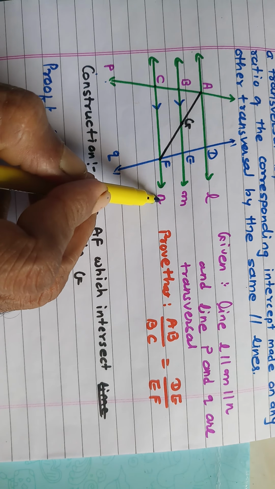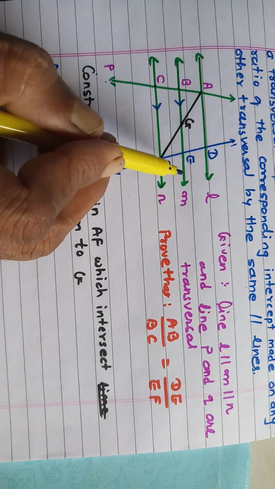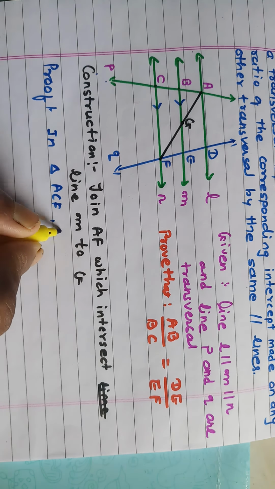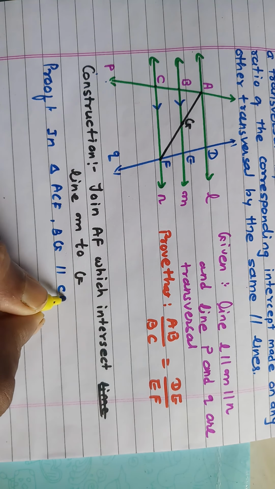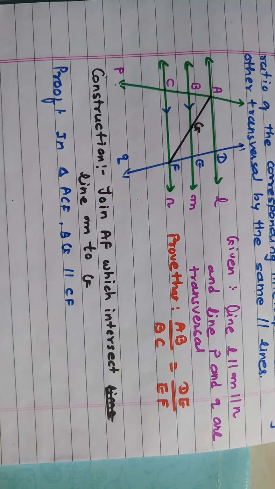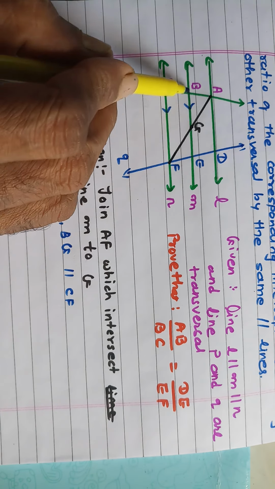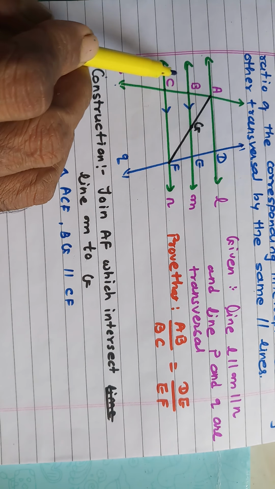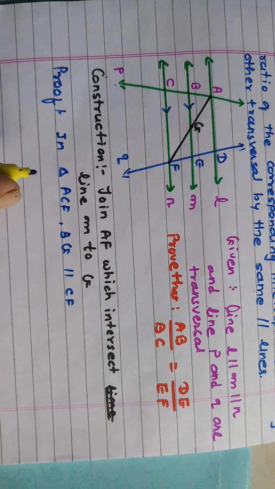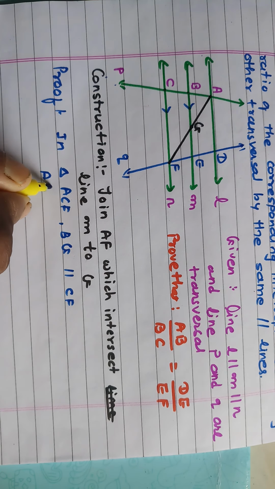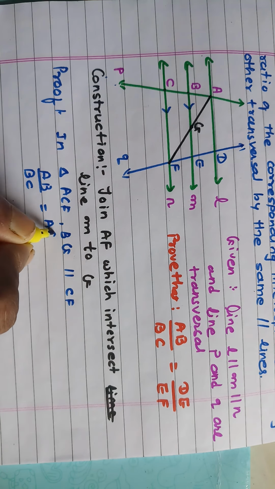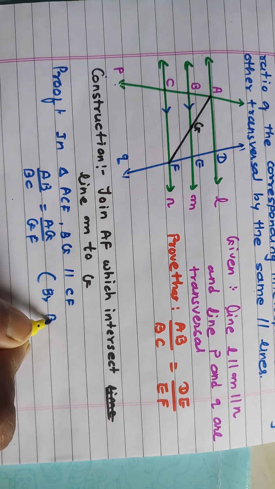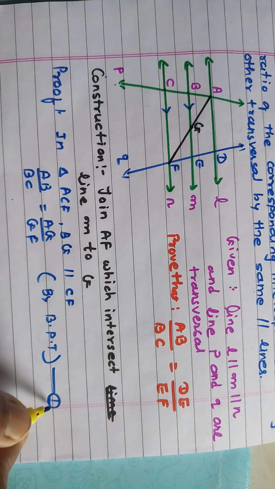Because M and N are parallel, BG is a part of M and CF is a part of N, so BG is parallel to CF. In this triangle, if these two lines are parallel, then the ratio of AB and BC is equal to AG and GF. Therefore AB upon BC is equal to AG upon GF. This is by the BPT theorem, equation number 1.